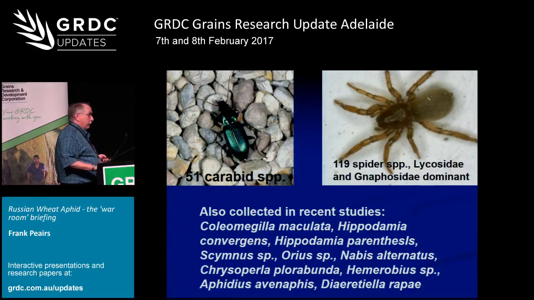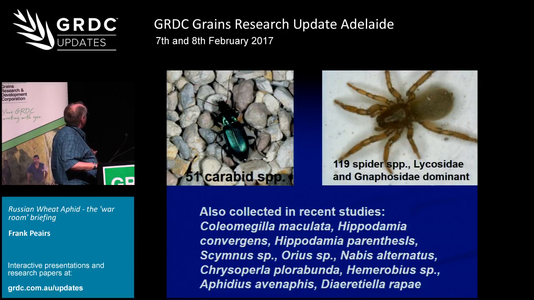We have looked some at biological control. We've focused on generalist predators. I won't go into the reason for that, but we have a fairly diverse fauna of ground beetles, as well as spiders associated with our wheat cropping systems.